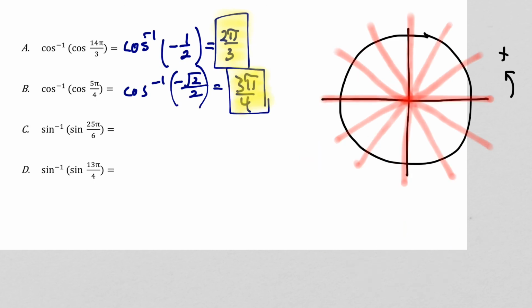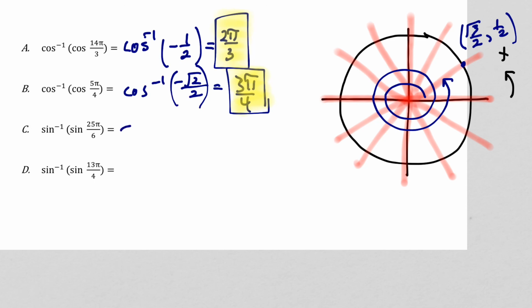On C, we're asked to find the inverse sine of the sine of 25 pi over 6. So let's count by 6's: 6, 12, 18, 24, 25. So I'm right here at pi over 6. That means I've got a cosine of root 3 over 2 and a sine of 1/2. So the sine of 25 pi over 6 is 1/2.